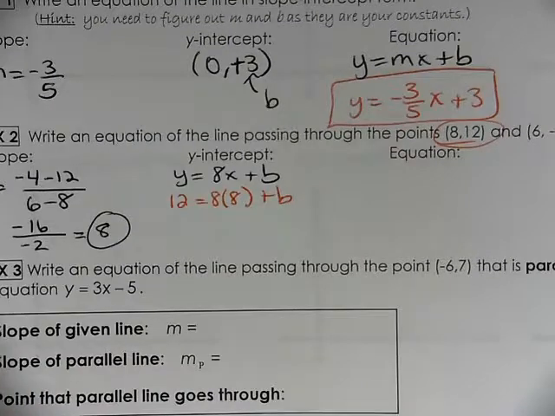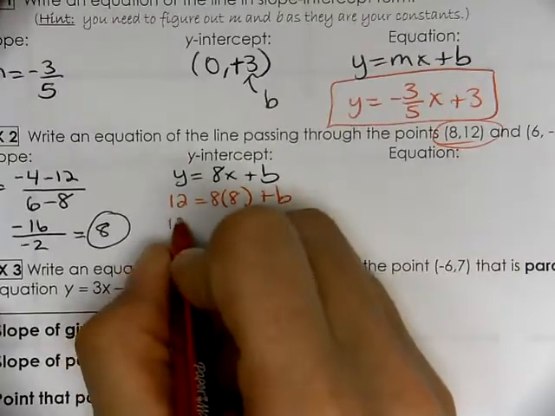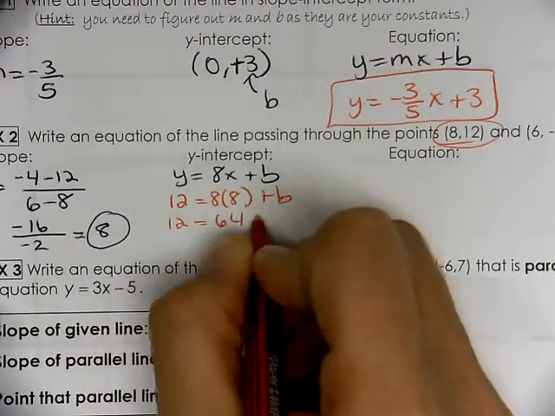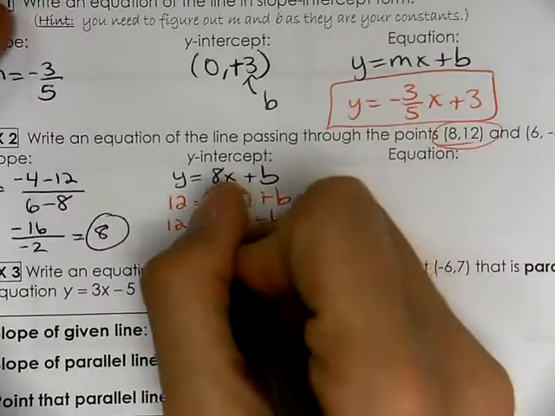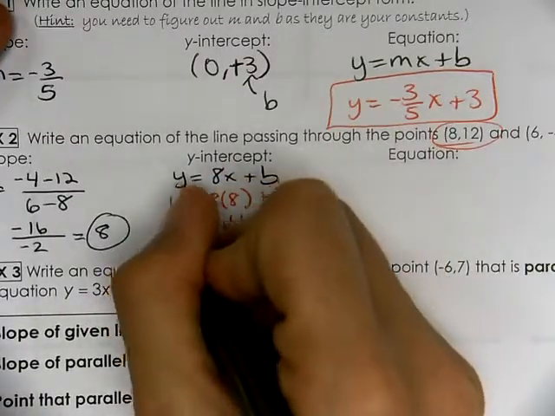If you don't know the y-intercept, you have to plug in a point. What's 8 times 8? So 12 equals 64 plus b. What do I have to do to both sides to solve for b? Yes, just subtract the 64.